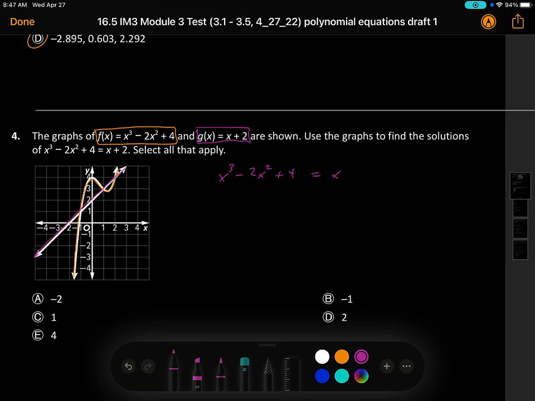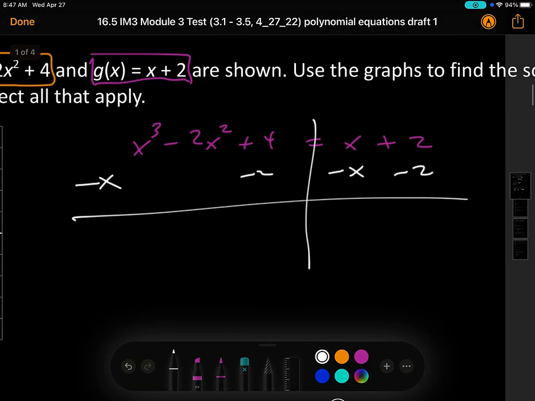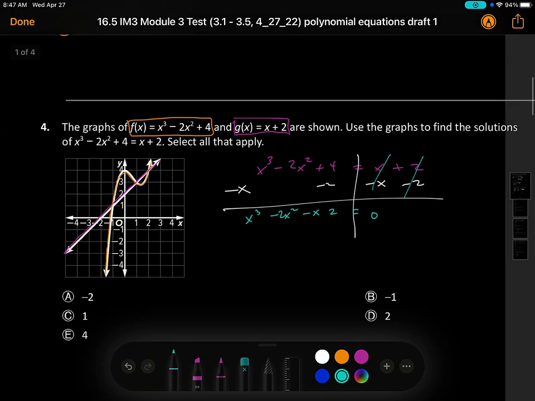You'll notice again it's on both sides, so I'm just going to move everything to one side. And what I'm doing here is just setting it equal to 0. We become 2, negative x, negative 2x squared, and x cubed.